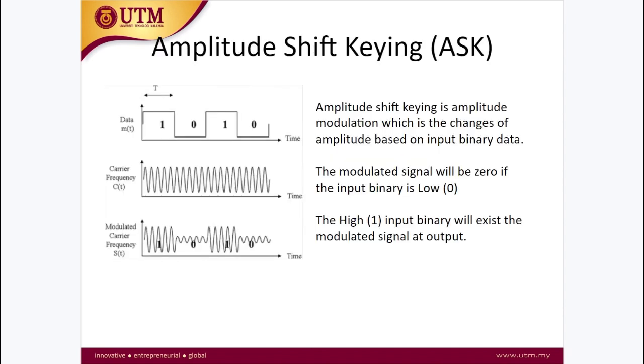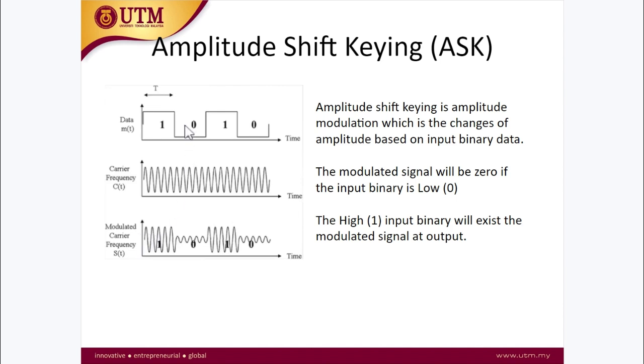Amplitude shift keying, ASK, is amplitude modulation, which is the change of amplitude based on the input binary data. As we can see in the graph, we have 1s and 0s, which is the binary input data, and we have the frequency domain. When the input data is 1, or when it is high, the amplitude will be high as well.